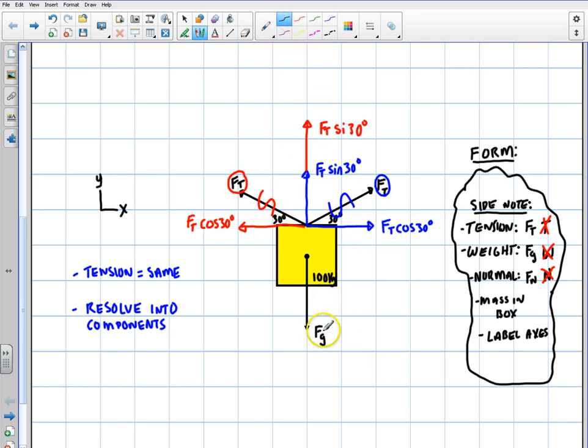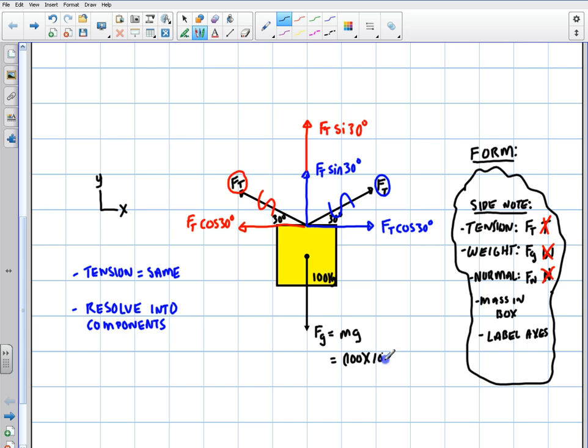Now I need to take care of this business down here about my weight, or my force of gravity. In this case, we know the force of gravity. It's just mg. The mass is 100. How did I know that it was 100? Because I look into the box. The box is going to tell me. And then I'm going to multiply this times g. Let's just do 10.